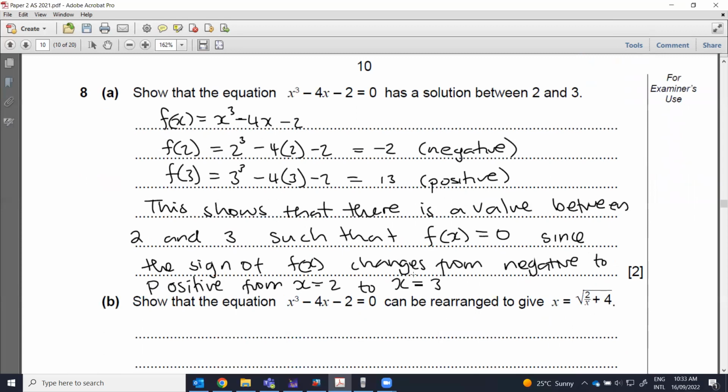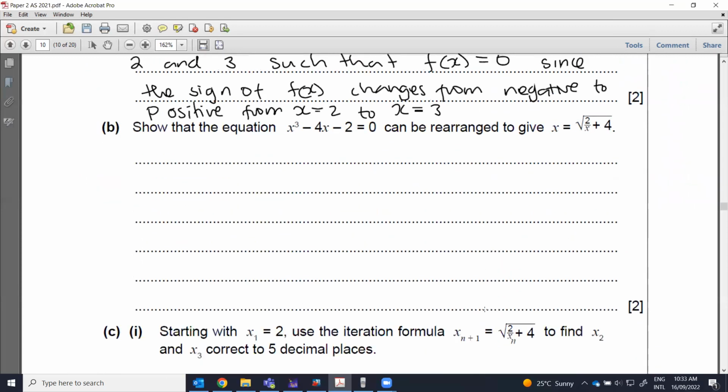Right, then part B: show that the equation x cubed minus 4x minus 2 = 0 can be rearranged in this form. This is basically just algebra, playing around with the equation.